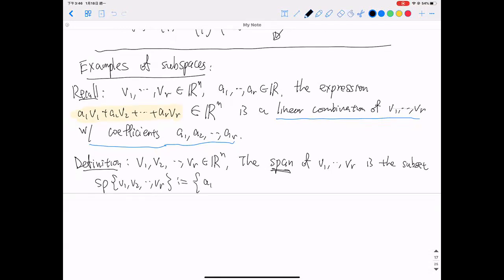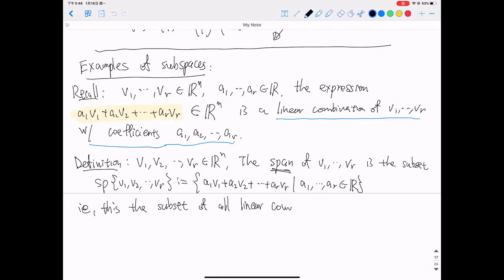It's the subset of all linear combinations of these v's, i.e., this is the subset of all linear combinations of vectors v1 through vr.